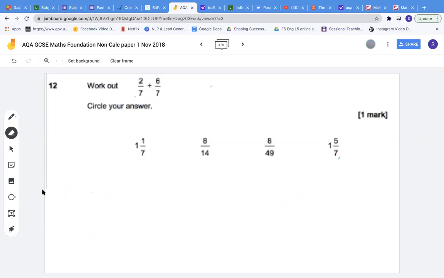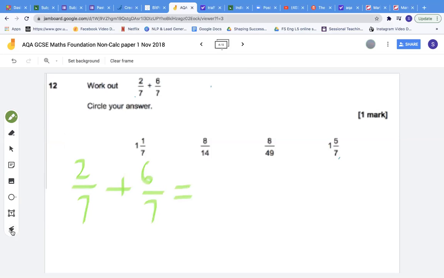All right, okay. Now, we have done some similar work on this with the number line activity. Now, I'm just going to very quickly teach you how you can add fractions together. And then once you know this, you should be able to subtract them as well, but one thing at a time. So you've got 2/7 plus 6/7.